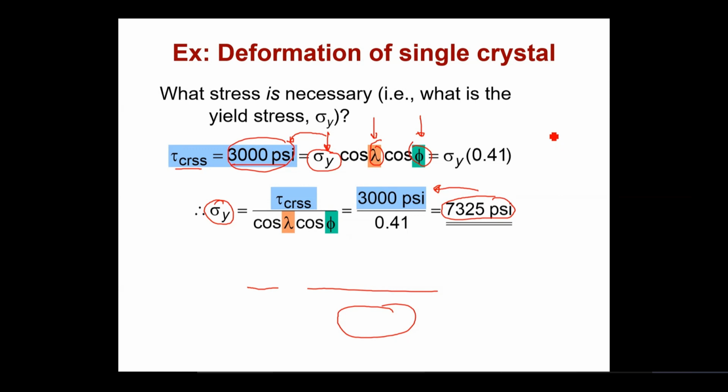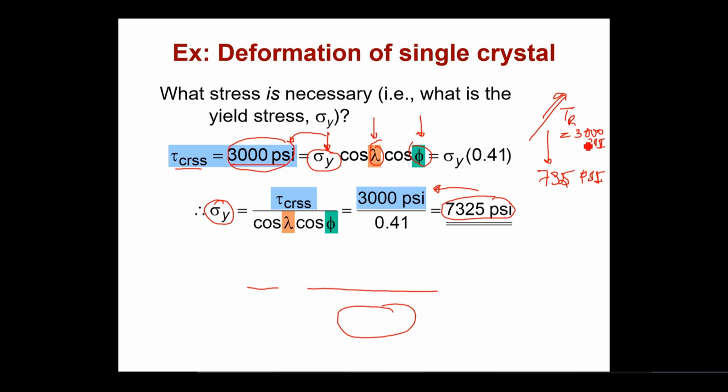So if you apply a normal stress of 7325 psi for a plane at this angle and the direction which is given to you, you would have the resolved shear stress value of 3000 psi.